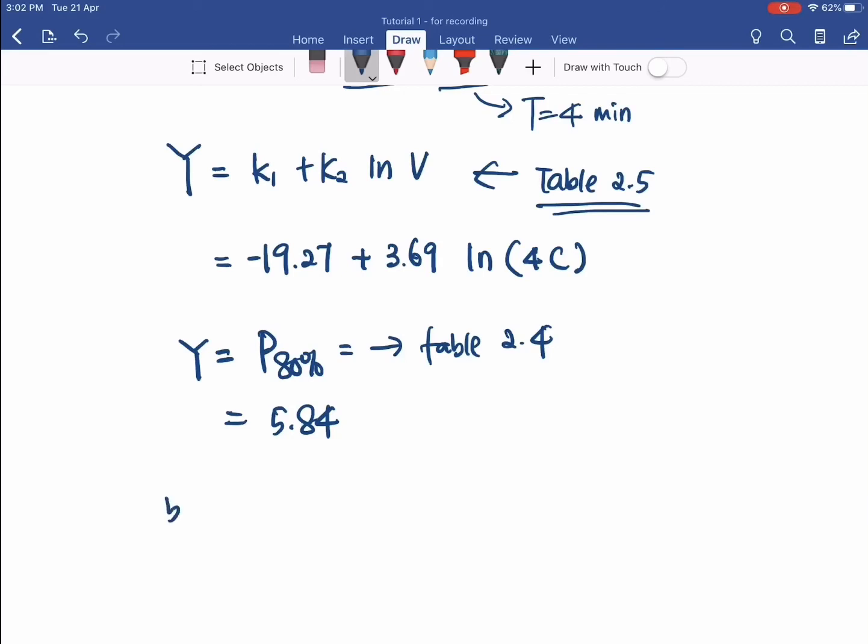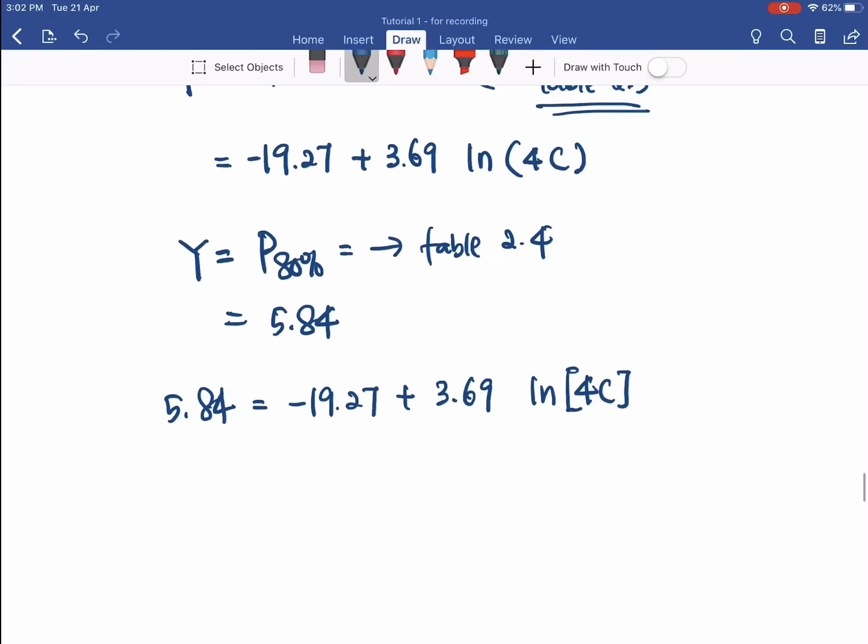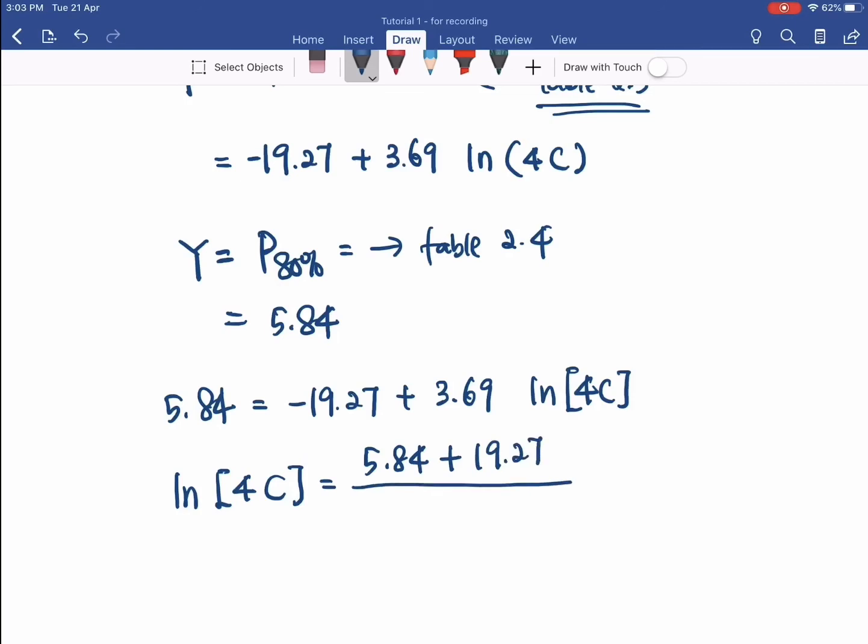So 5.84 equals negative 19.27 plus 3.69 ln 4C. In that case, ln 4C equals (5.84 plus 19.27) divided by 3.69.